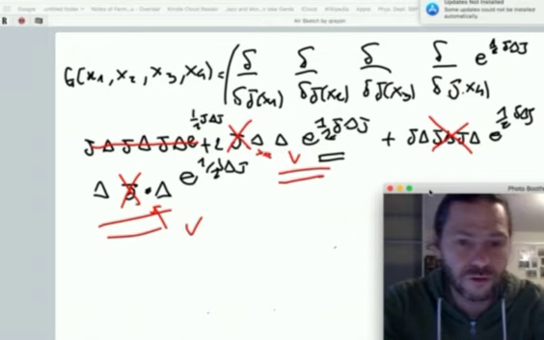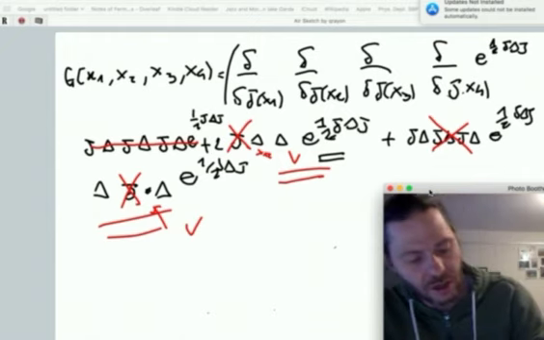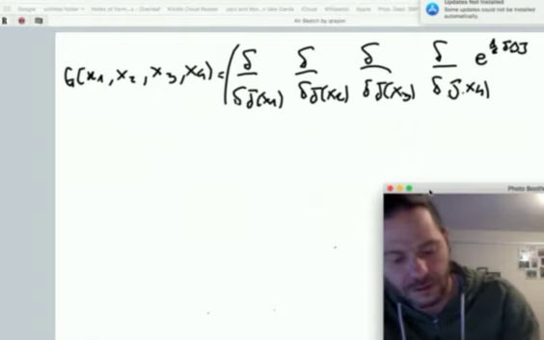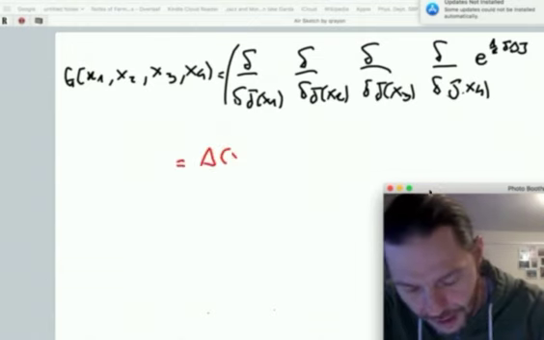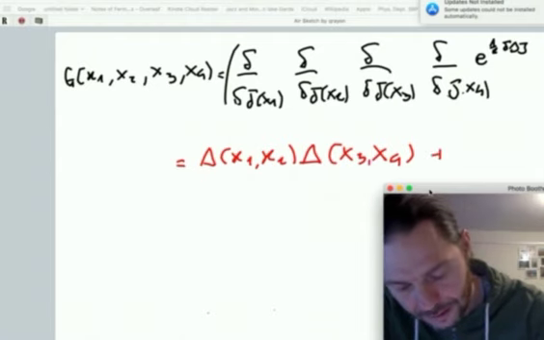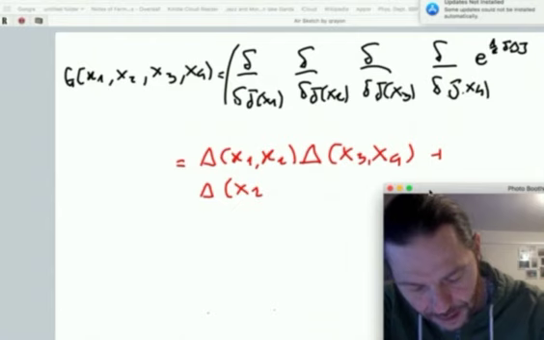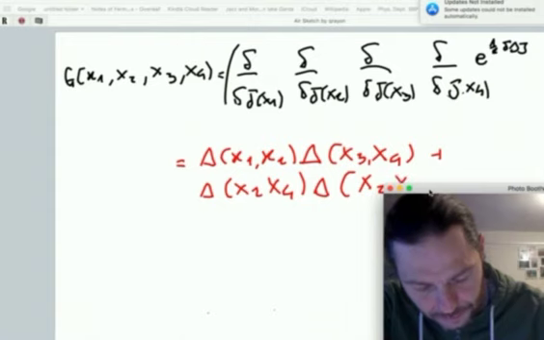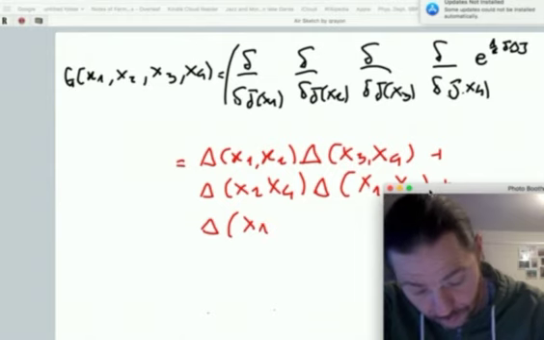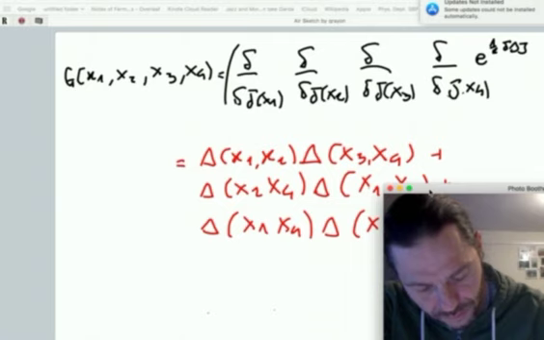If you instead do things properly, you discover that the two terms that remain are the following: delta x1, x2, delta x3, x4, plus delta x1, x4, delta x2, x3.